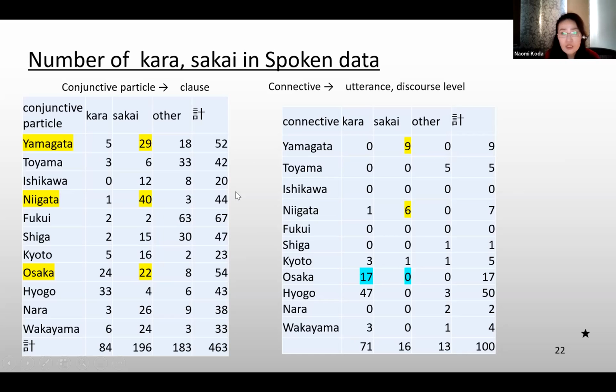As for sentence connective, on the right side, only the areas where sound change has occurred have developed the usage of sentential connectives, whereas in Kinki, we see zero sakai. People use the standard form だから instead of the sakai variant.